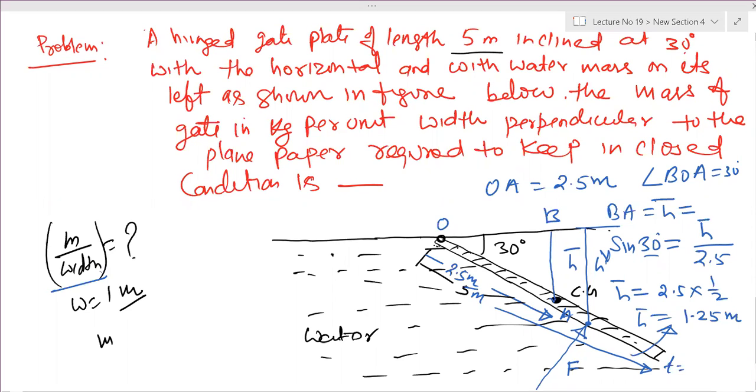But if a mass is there, mg will act in the downward direction, and this mg will try to keep the plate in this condition. So how much should the mass per unit width be so that the torque due to this force and the torque due to mg remain the same, because the plate will rotate about this rotation point.